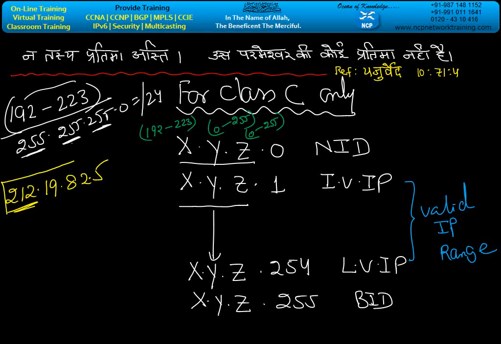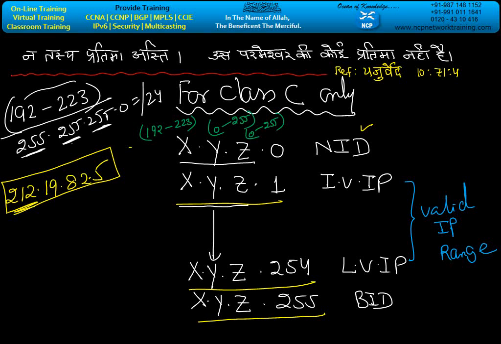This given IP address belongs to class C, and for class C we have given this pattern for the NID, this pattern for the first valid, this pattern for the last valid, and this pattern for the broadcast ID.